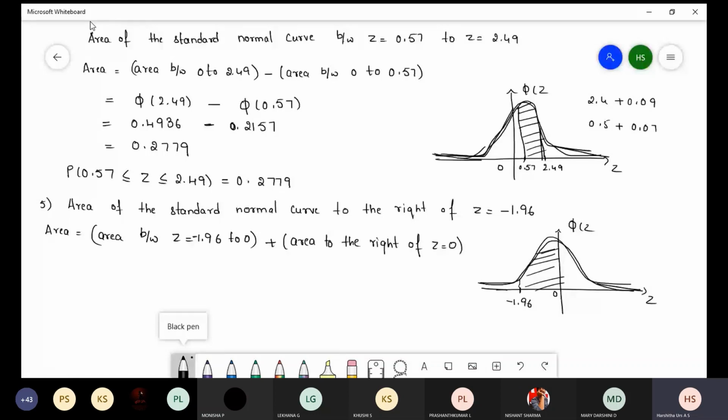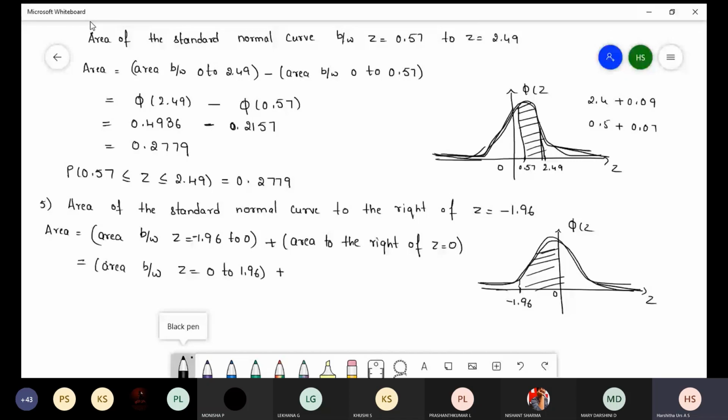First we have to write this one as an area between Z is equal to 0 to 1.96 by using the symmetric property, plus area to the right of Z is equal to 0.